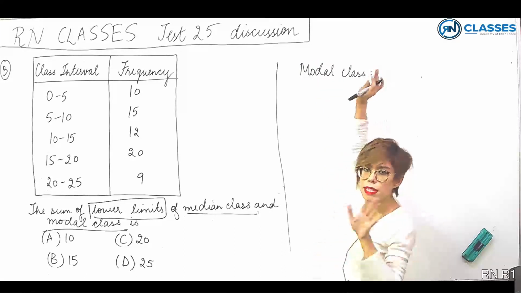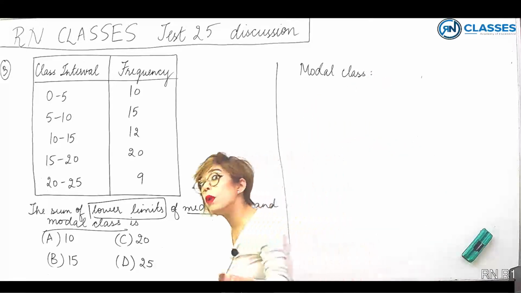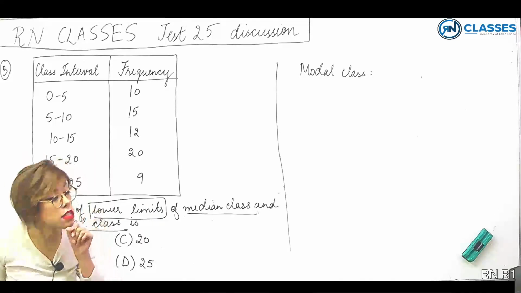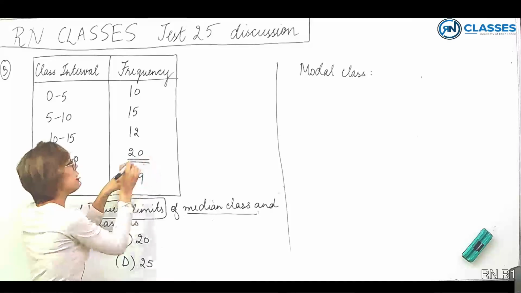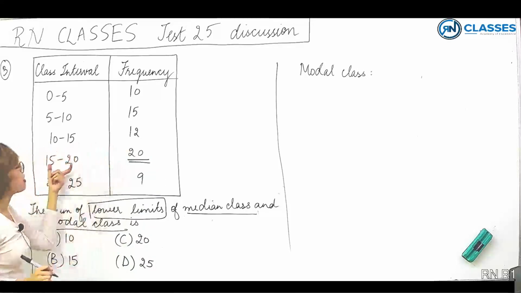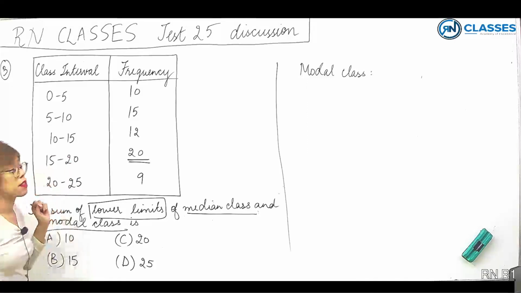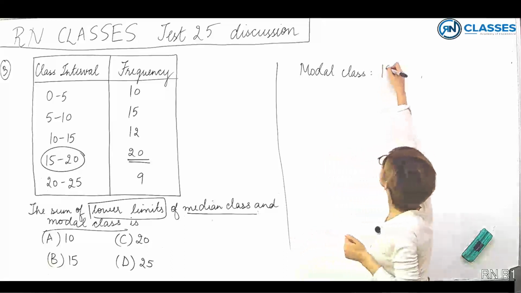Come on, the layman's language. The value of that observation which most frequently occurs. That means the frequency should be highest. Now, in this case, let's see, the highest frequency is here. That means the corresponding class interval can be known as the modal class, right? So, 15 to 20 is my modal class.